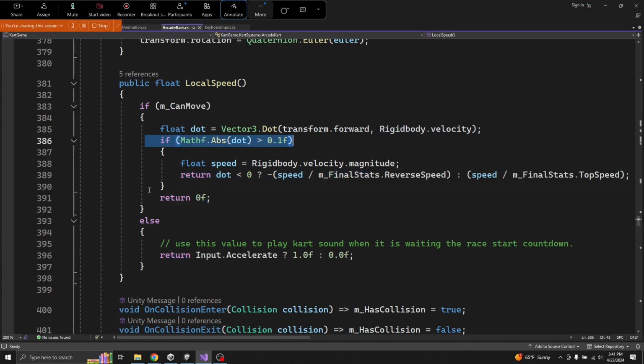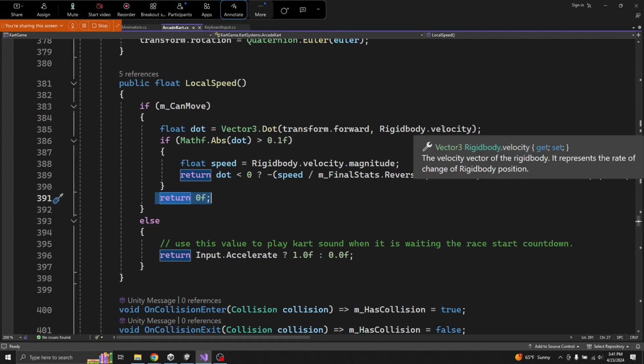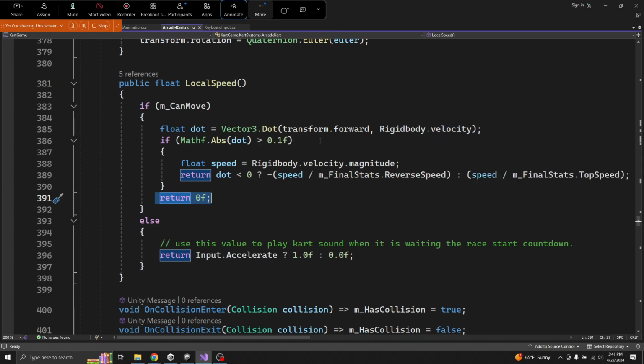If this is false, we don't go in here, and we go here, and this returns 0. Okay. So if this dot is less than 0.1, this means these are almost perpendicular to each other, then we're going to return 0, if we're ever completely 90 degrees to our velocity for whatever reason.